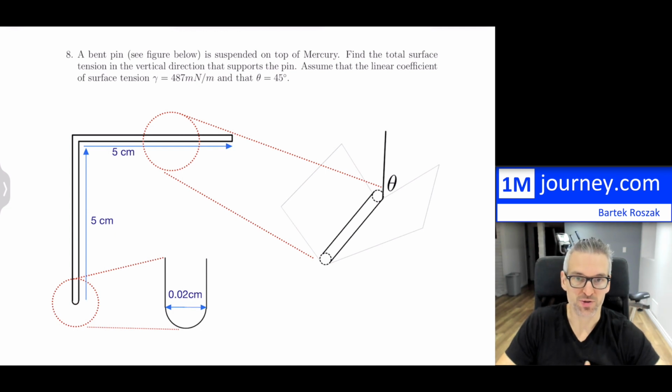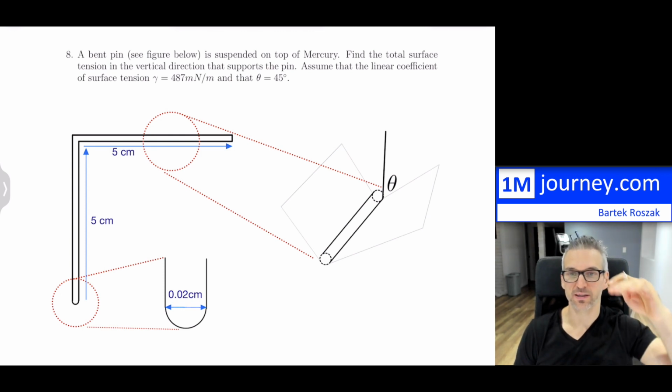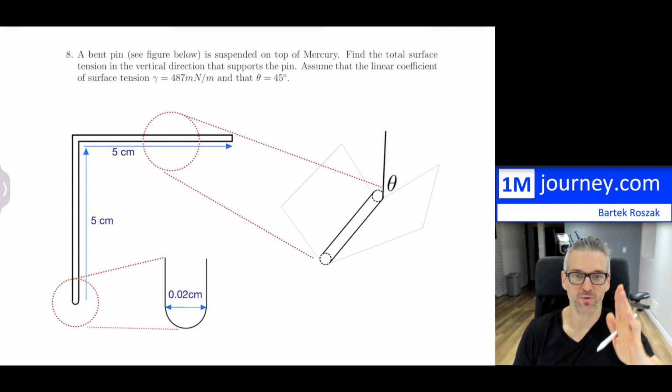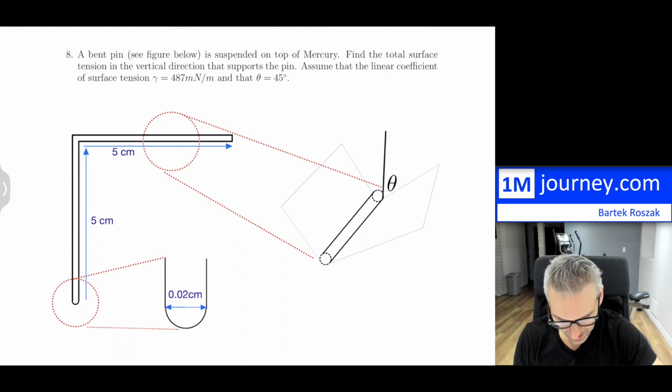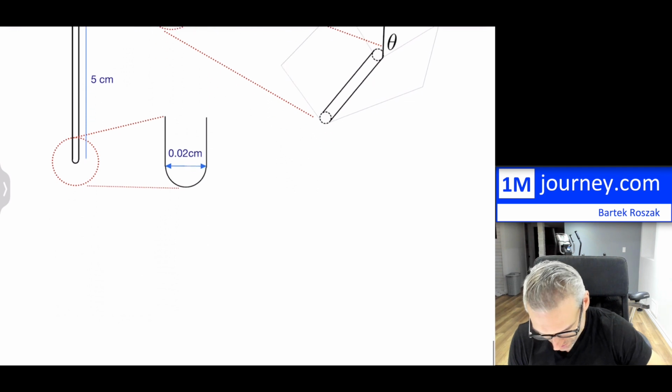Now, we'll assume that the linear coefficient of surface tension for mercury is 487 millinewtons per meter. Once the pin is suspended, it makes a 45 degree angle with the vertical, as shown right here. Let me also illustrate it this way.